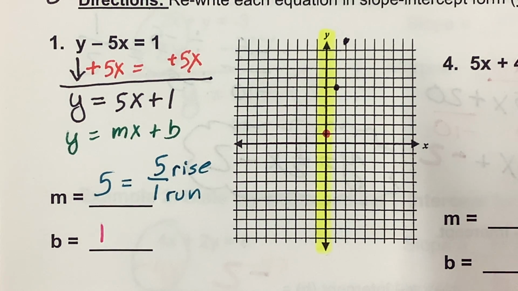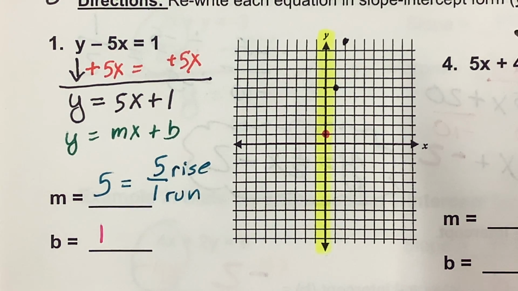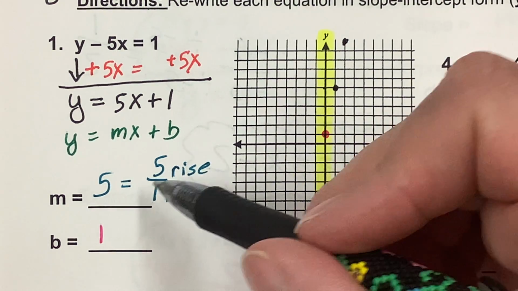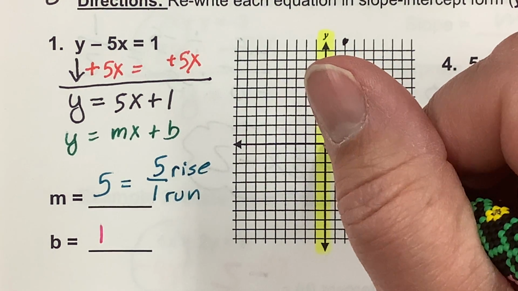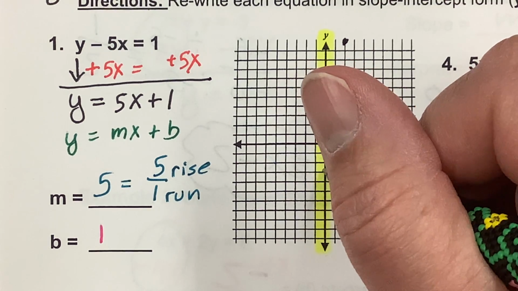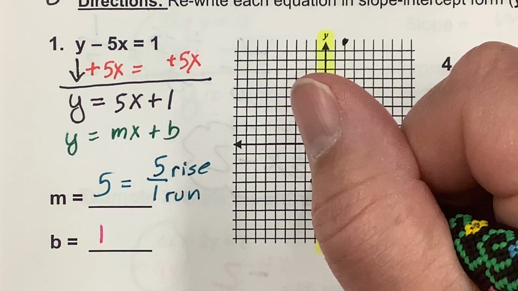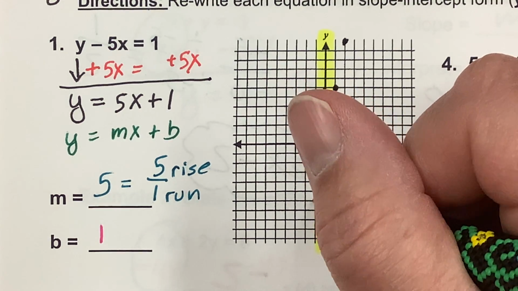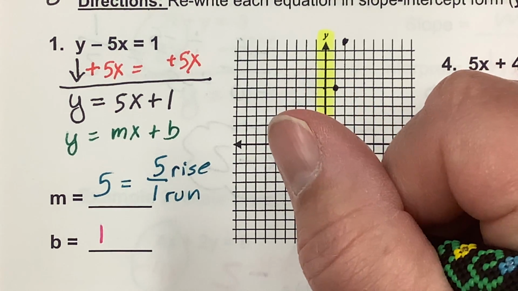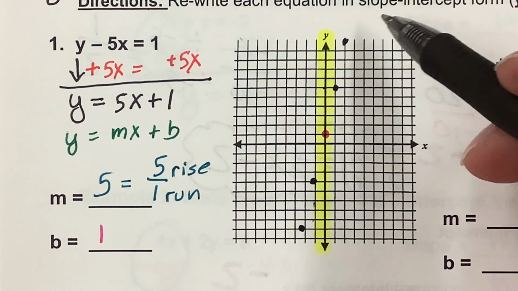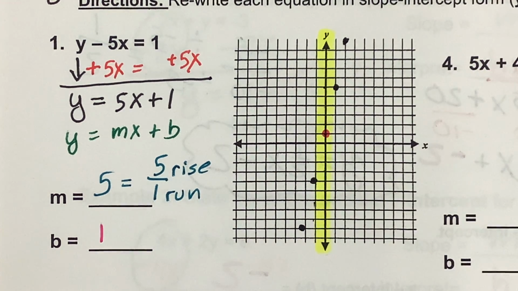So what could I do to get more points? I could do the opposite. Instead of rise 5, I'm going to drop 5: 1, 2, 3, 4, 5. Instead of run right, I'm going to run left. So I'm going to drop 5 and run left. That way I'm still on the same line, but I have a lot more points.